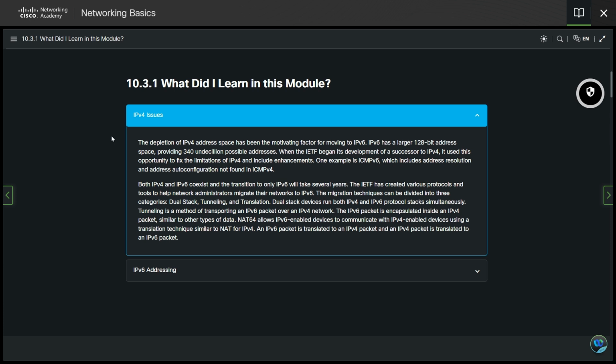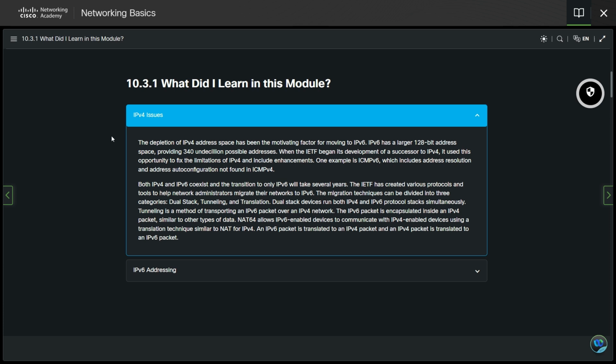Dual stack devices run both IPv4 and IPv6 protocol stacks simultaneously. Tunneling is a method of transporting an IPv6 packet over an IPv4 network. The IPv6 packet is encapsulated inside an IPv4 packet, similar to other types of data.